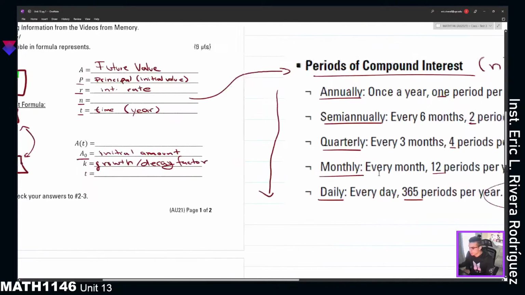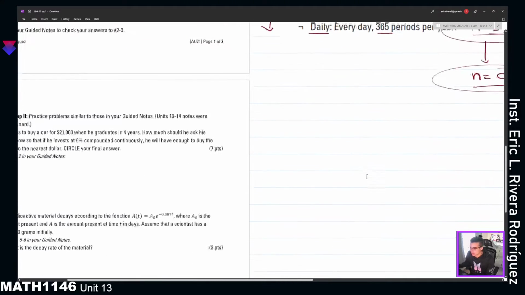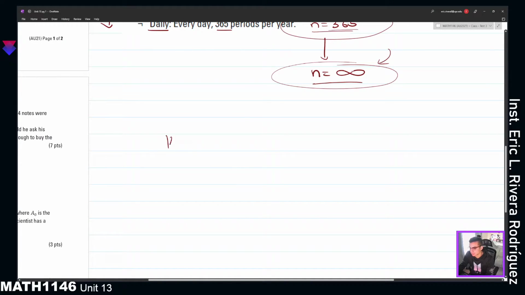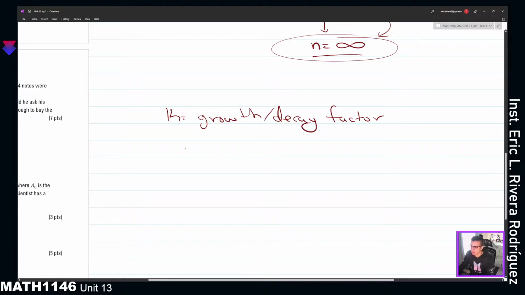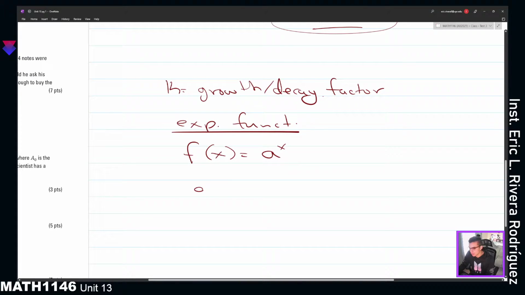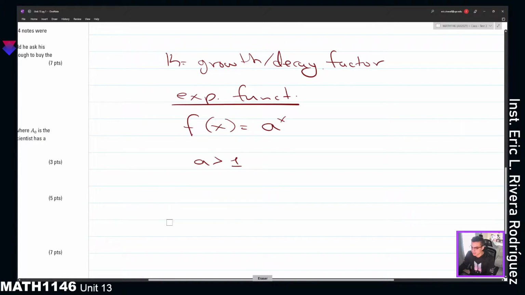Okay, so why is k the growth and decay factor? If you can remember from the exponential functions, if the value of a is greater than 1, we have this shape for the graph.